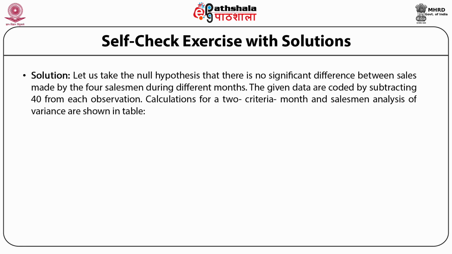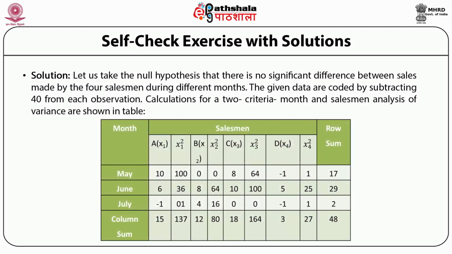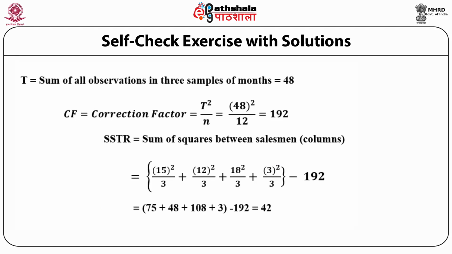The given data are coded by subtracting 40 from each observation. Now, the calculation for the two criteria, that is month and salesman, for analysis of variance is shown in the table. On one side are the salesmen and their sales, and on the other side you can see the month. Here T is the sum of all the observations in the 3 samples of months.